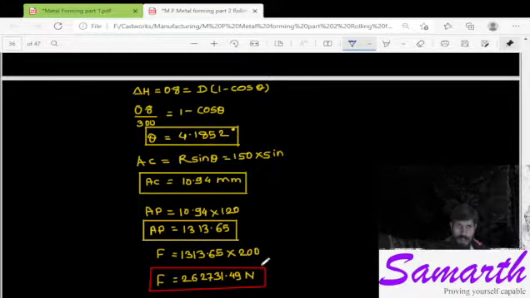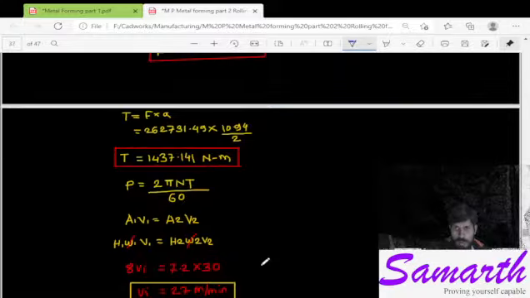Finally, we are getting the force value in newtons. We will get the value for torque by multiplying this force into the distance AC by 2, that is a, small a. Here we have got the torque value in Newton meters.